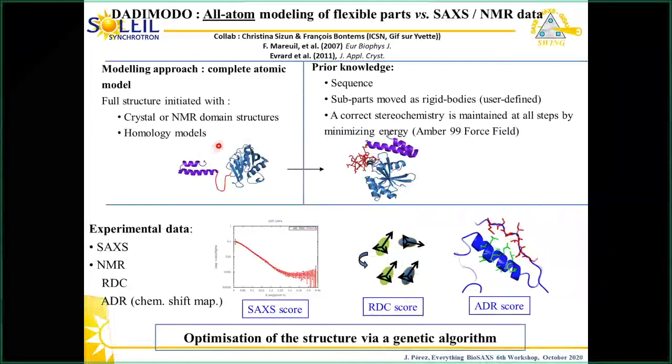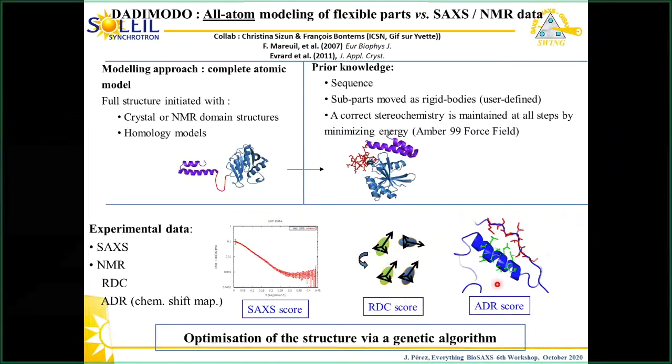And the program will try to orientate the domains and fit a SAXS curve, but also fit some NMR data like the residual dipolar couplings and some ADR score.